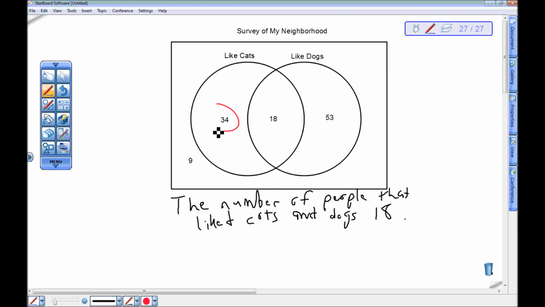Let's look at these 34 people. What do I know about these 34 people? Well, I know they like cats because they're in that like cat circle. And I also know they don't like dogs because they're outside of that like dog circle.